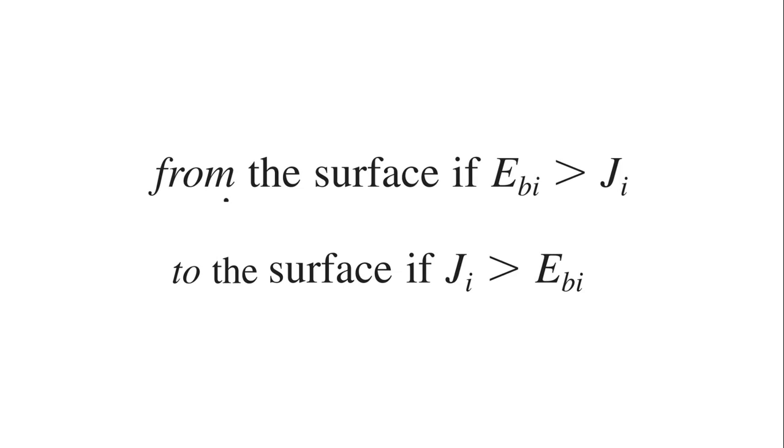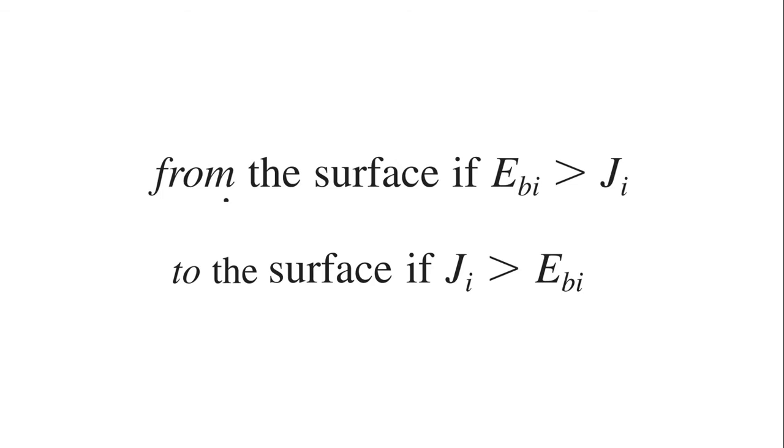A negative value of Qi means that the heat transfer is to the surface, and all of this radiation energy gained must be removed from the other side of the surface through some sort of mechanism if the surface temperature is to remain constant.